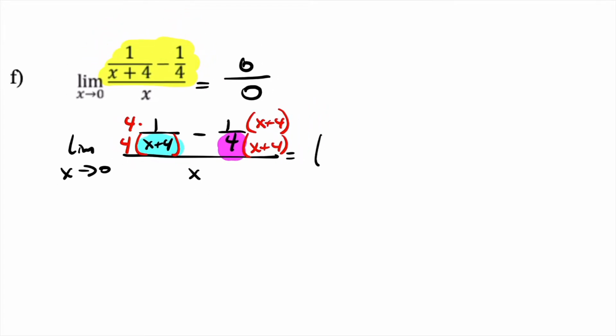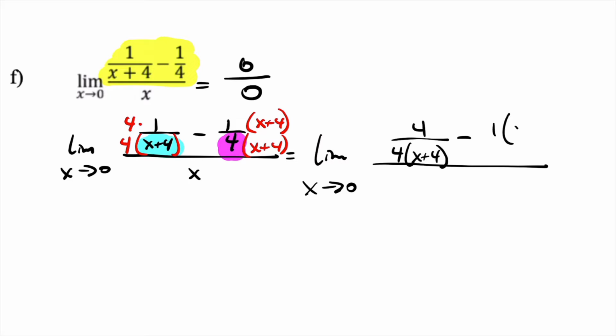So let's simplify this. Limit as x approaches 0. So now it's 4 over 4 times x plus 4 minus 1 times x plus 4 over 4 times x plus 4.